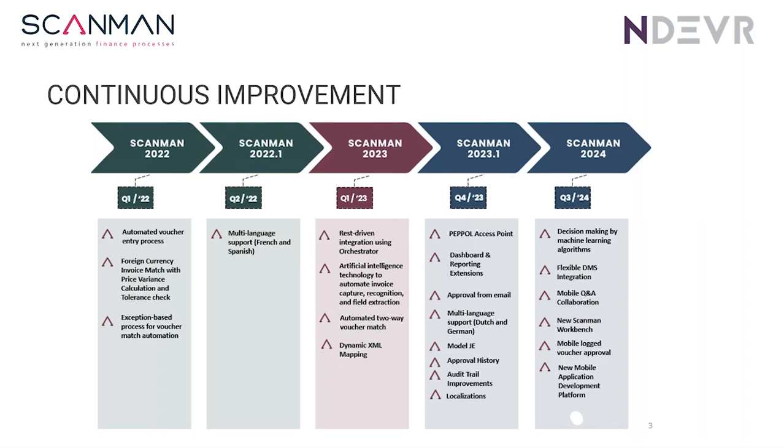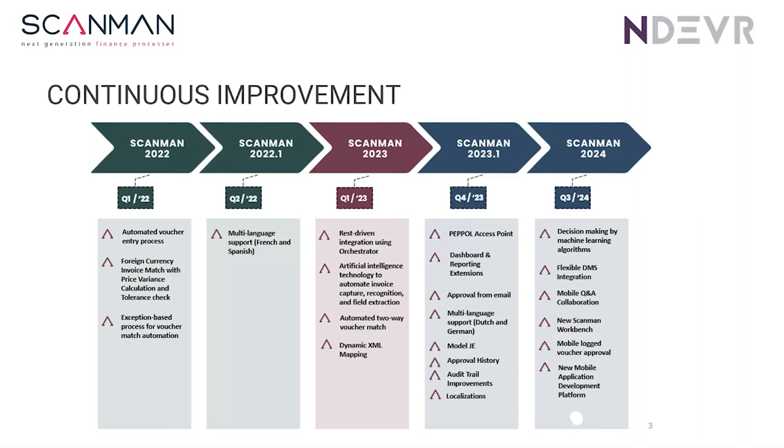Like already explained, also the dynamic XML mapping, so we are capable of translating all kinds of XML formats to UBL 2.1. And the REST-driven integration based on AIS as an alternative for BSSV server. So those are things that we added in the last release.